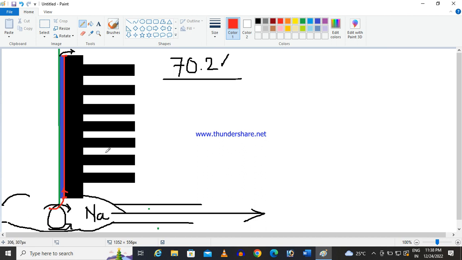So the heat enthalpy from the annular path, where the sodium is filled, will be evacuated out.